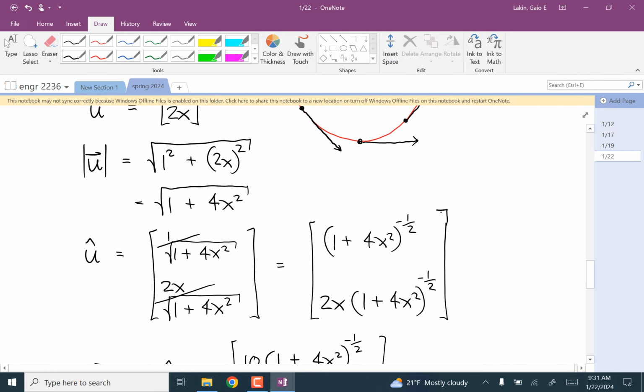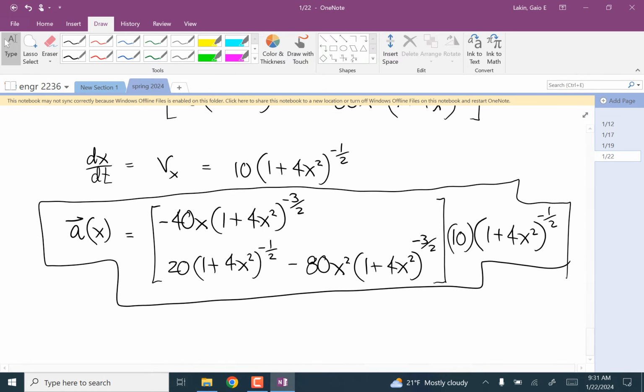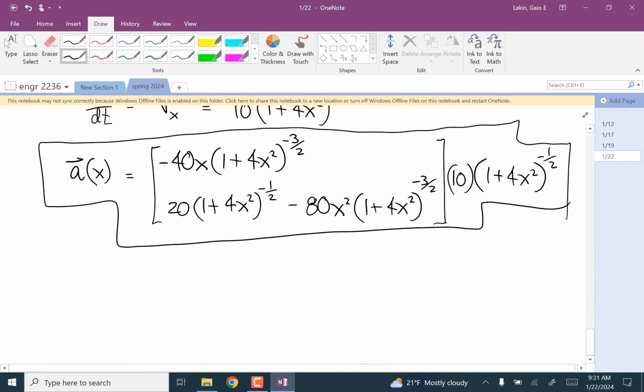So I'm going to plug in x equals 0. And we get that a_x, when x is equal to 0, the x component is obviously 0 there.